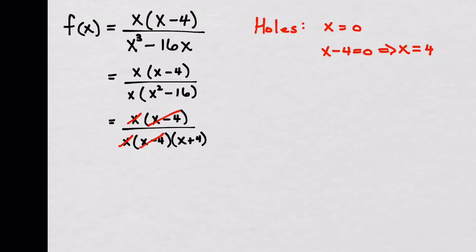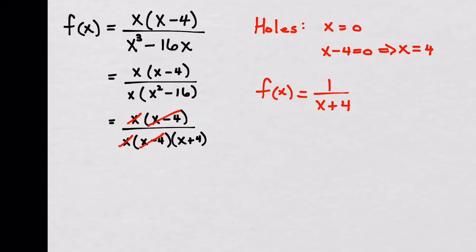So in order to find the y-coordinate of the point, I'm going to look at the simplified version of my function f of x. So f of x in simplified form is 1 over x plus 4 for this particular problem. So I just simplified, and we've got 1 in the numerator, x plus 4 left in the denominator.